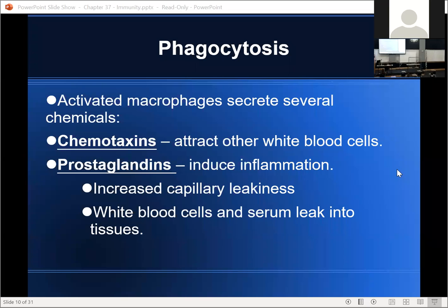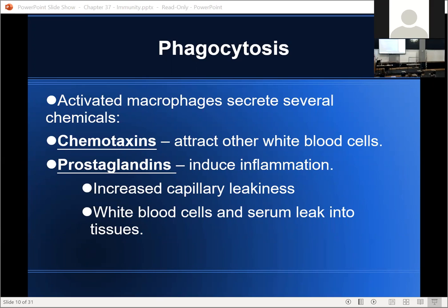So when we left off on Friday, we were talking about macrophages and what happens when they encounter anything foreign. So remember that macrophages are phagocytic cells. Okay, a phagocytic cell is a cell that does phagocytosis.